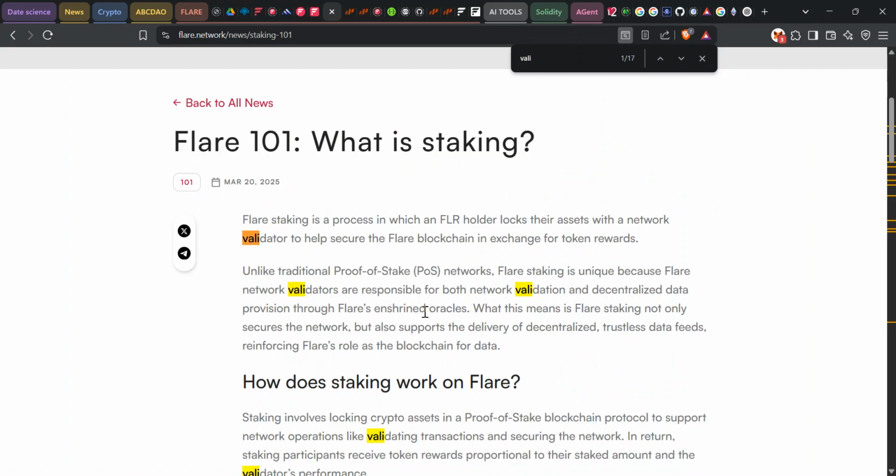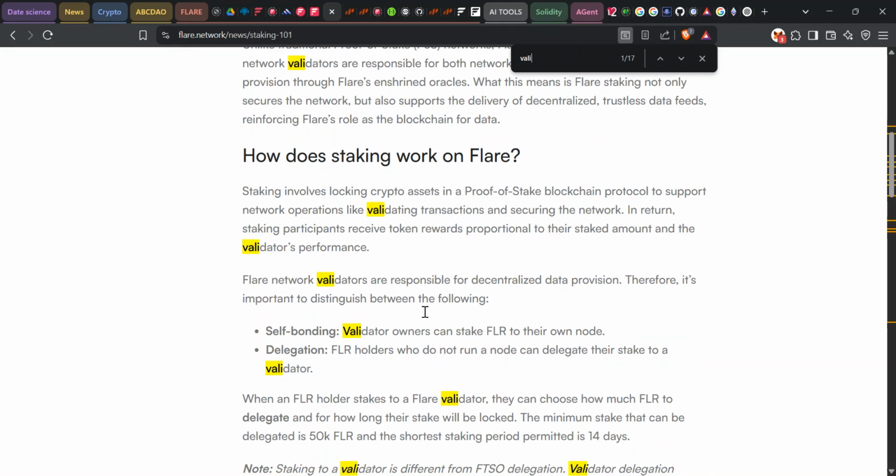What this means is Flare staking not only secures the network, but it also supports the delivery of decentralized, trustless data feeds, reinforcing Flare's role as the blockchain for data. Staking involves locking crypto assets in a proof of stake blockchain protocol to support network operations like validating transactions and securing the network. In return, staking participants receive token rewards proportional to their staked amount and the validator's performance.